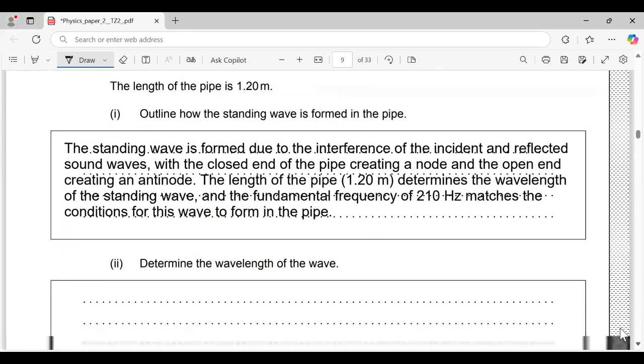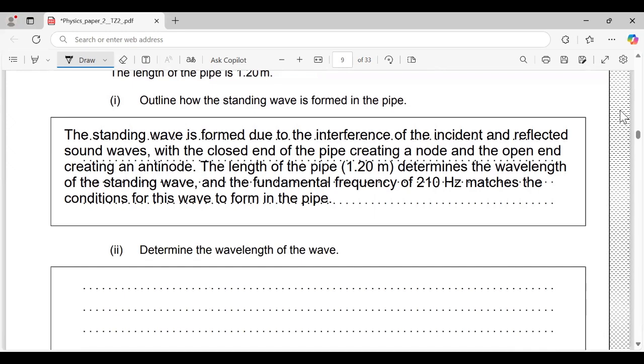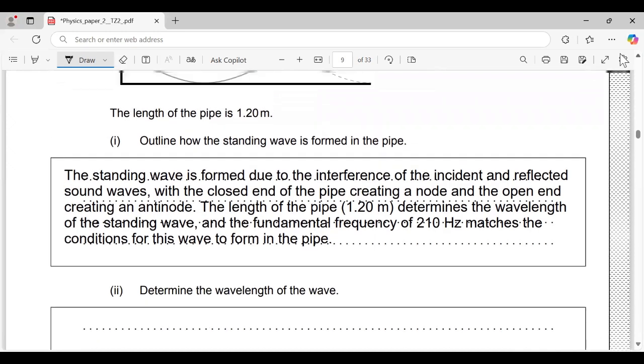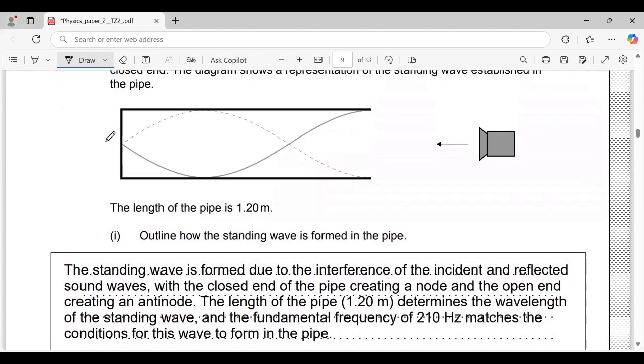Next, determine the wavelength of the wave. I will explain about this wave. This is actually not one wave, because the wave only goes from this point to this point.